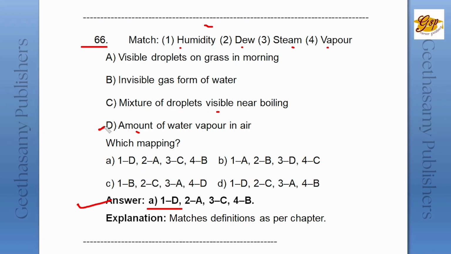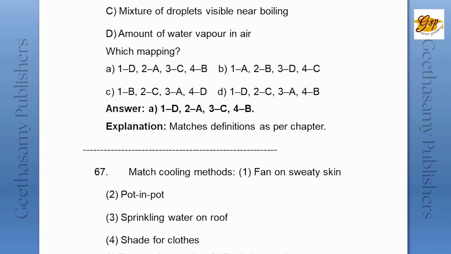Dew is B, visible droplets on grass. Steam is C, a mixture of visible droplets near boiling, and vapor is the invisible gas form of water. So 1A, 2D, 3C, 4B.